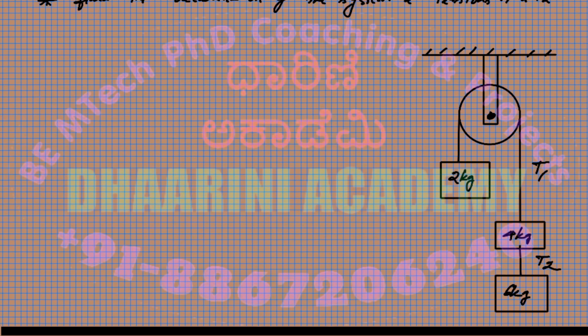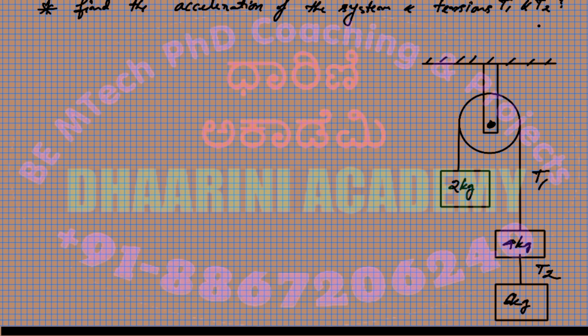All right. Now this is 2 kg, 4 kg, 6 kg. All right. So they call this T1, this is T2. The question is to find T1 and T2 for the given system. Okay, mass is 2 kg, 4 kg, and 6 kg.